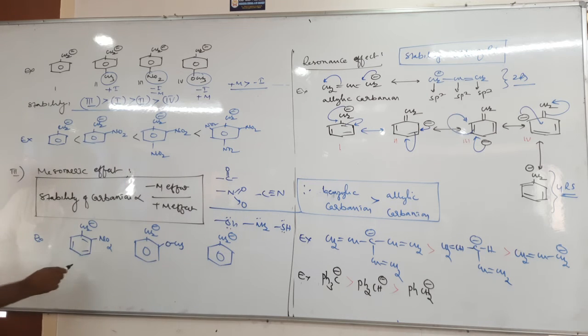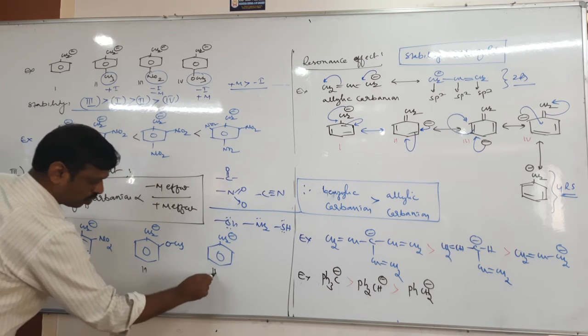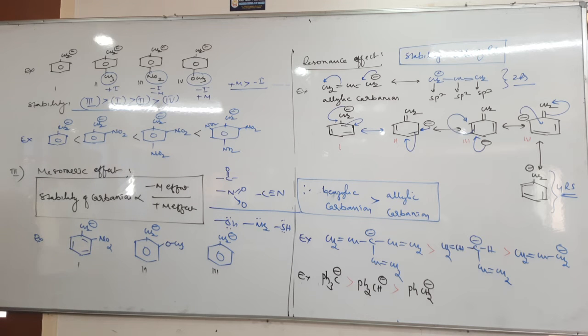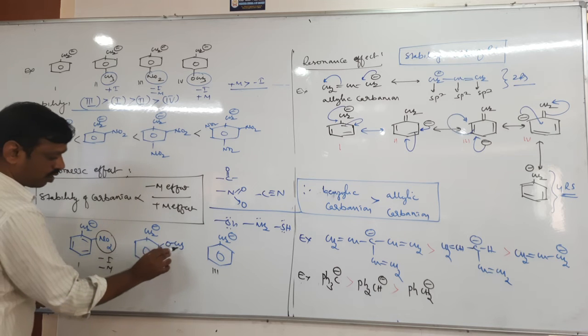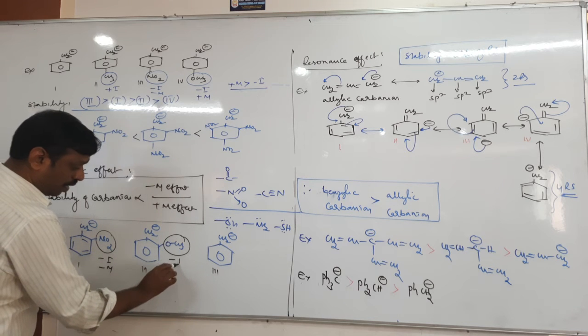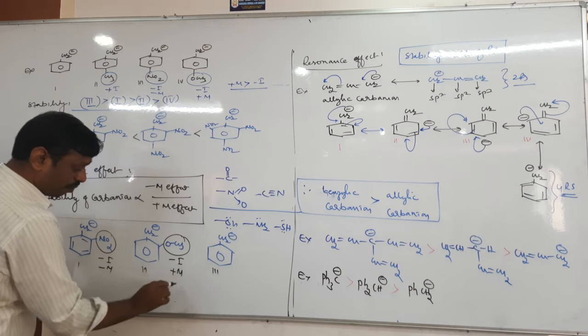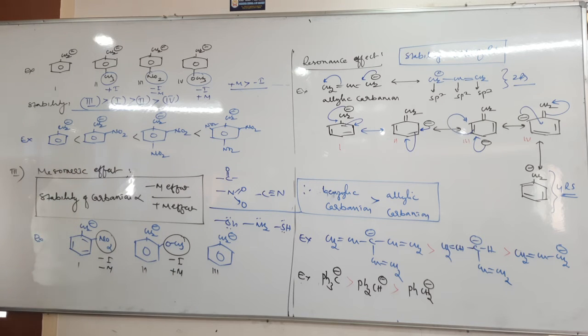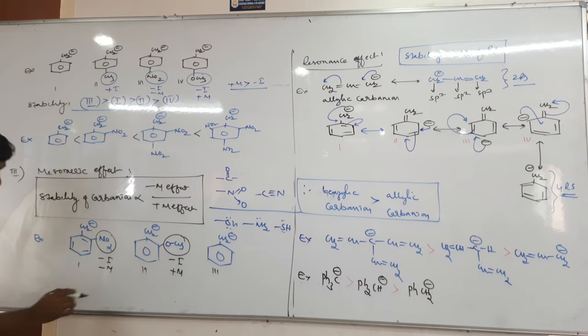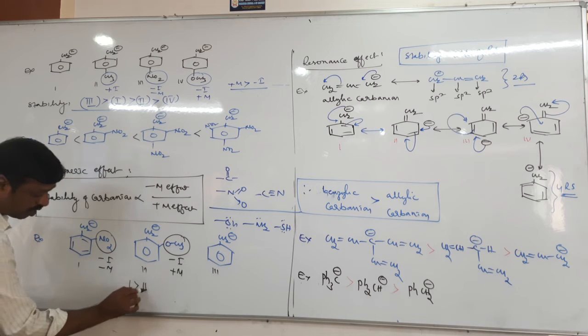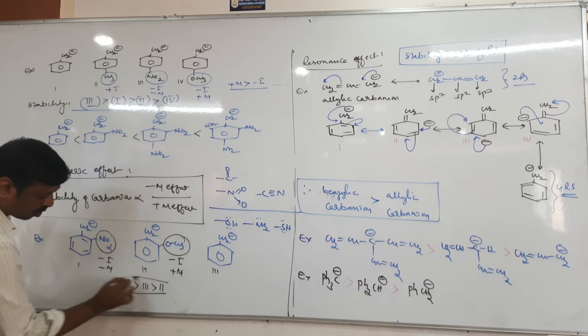Okay, tell me, it is 1, 2, 3. So what is the order of stability? Which is most stable? Here you need to understand NO2 is a minus I as well as minus M. Here this OCH3 is minus I as well as plus M, but plus M dominates minus I. Next, here no minus I, no plus I. So which is most stable? 1 is more stable than 3, then 2.